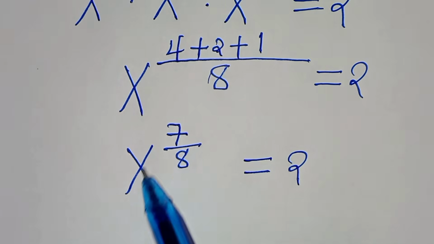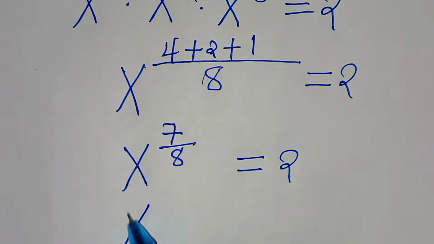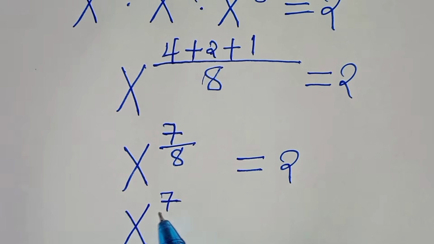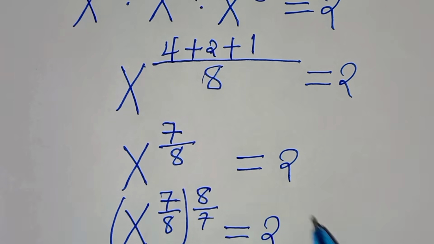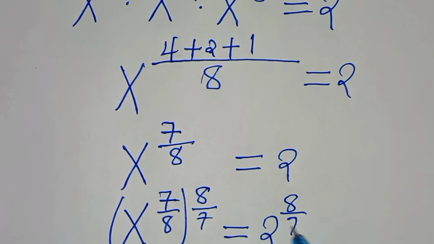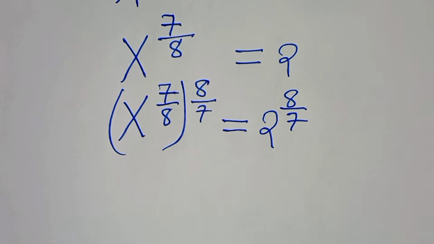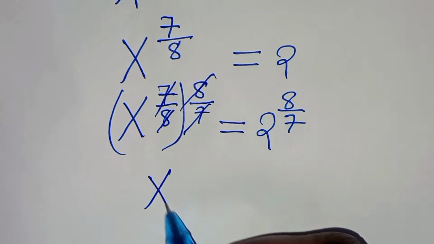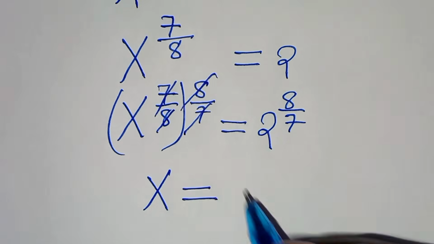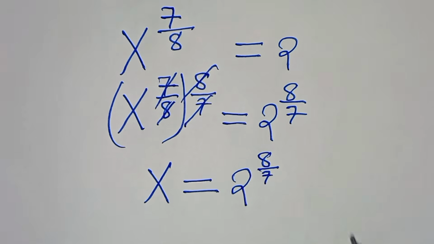Now, to solve for x here, let's multiply both sides by 8 over 7. So we have x to the power of 7 over 8 raised to the power of 8 over 7, equal to 2 raised to the power of 8 over 7. So we can simplify here, and all this means is that x is equal to 2 raised to the power of 8 over 7.